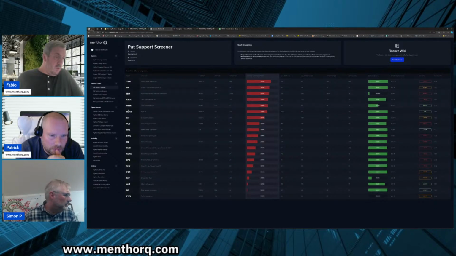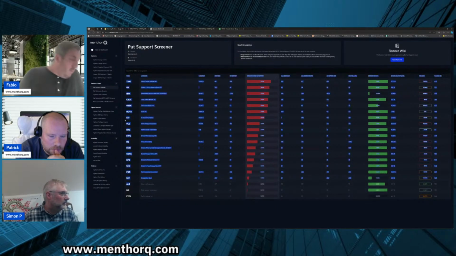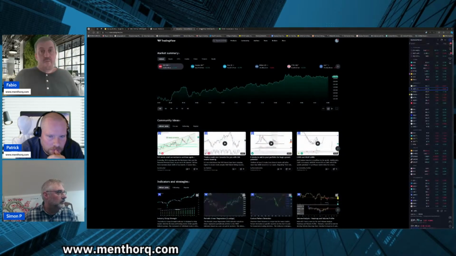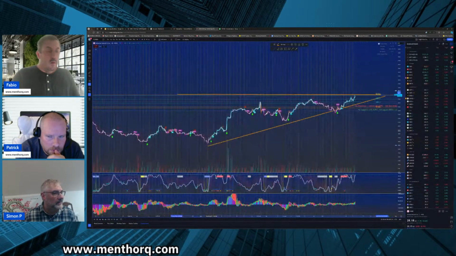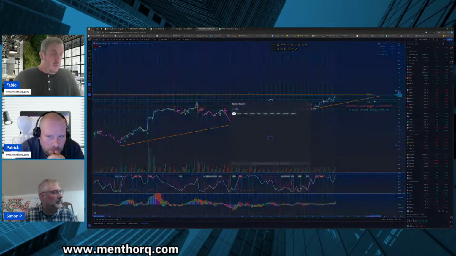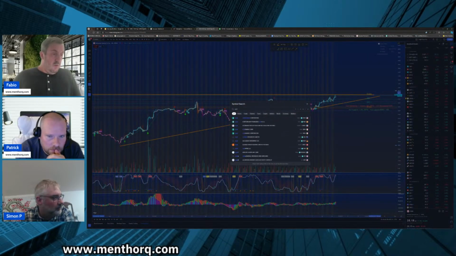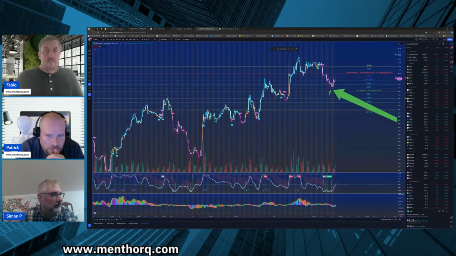What was one in here today? It looks like this might have changed. Oh, here it is, ALB. Let's take a look at ALB again. The first step is to look at these put supports, because we know all of these are going to be relatively close to that put support, and it enables you, Patrick, and I know you're really big into this, to create your trading plan for that particular equity.